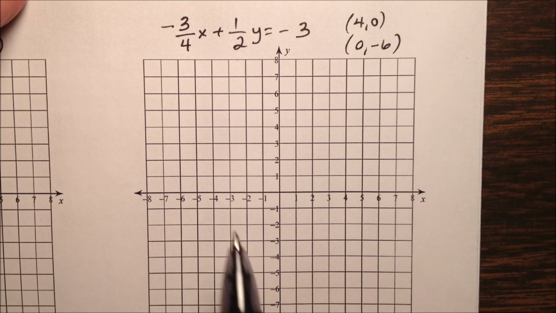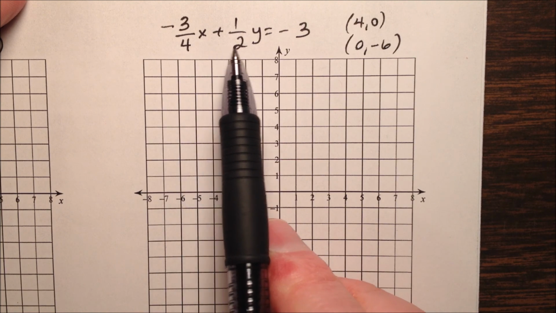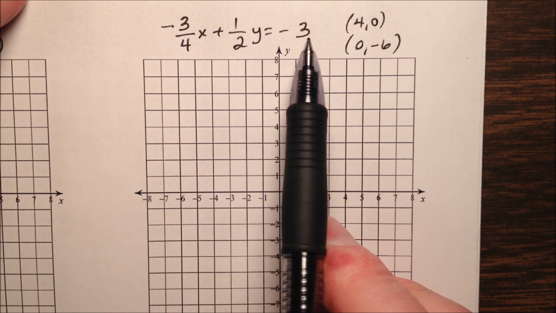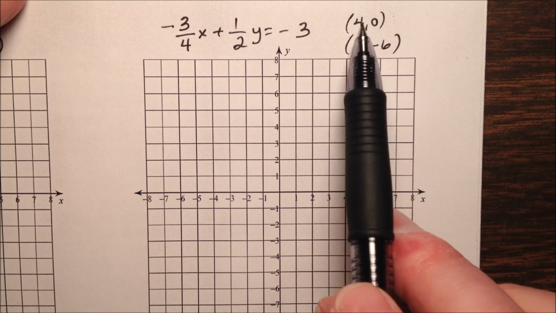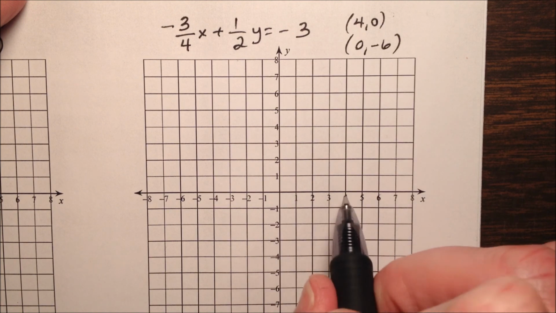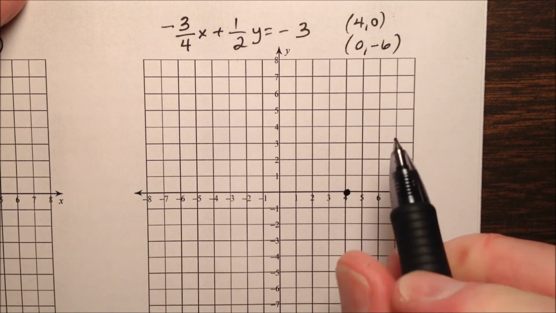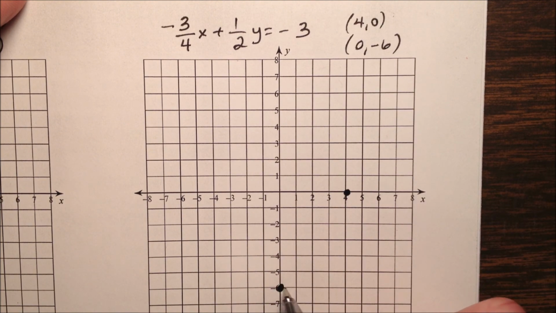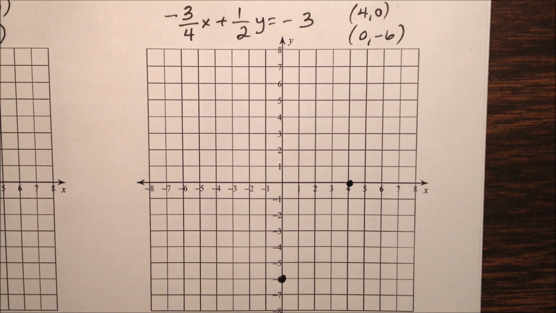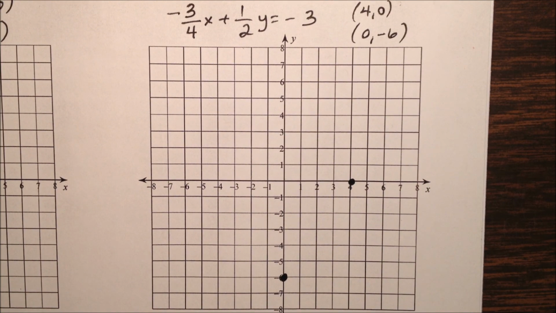Now I'm ready to graph my equation, negative 3/4 x plus 1/2 y equals negative 3, because I found my intercepts first. So 4, 0, I'm going to plot right here at 4, 0, and then 0, negative 6, I'm going to plot right down here. So I have my 2 points, which is sufficient for drawing a line.